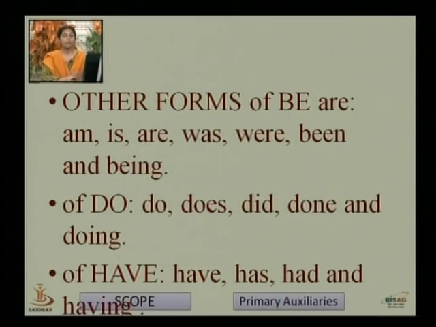But then you have some variations in primary auxiliaries be, do and have. What are these variations? As you can read on PPT, other forms of be are am, is, are in present tense, was and were in past tense, been is used to make past participle and being is used in continuous tenses.